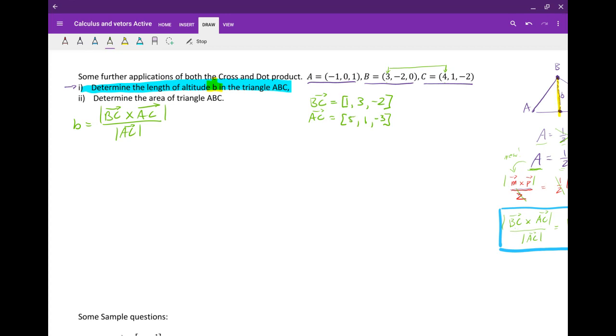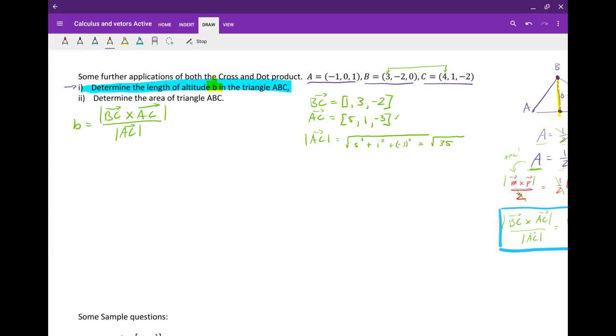And now I need the magnitude of AC. So the magnitude of AC is going to be the square root of 5 squared plus 1 squared plus negative 3 squared, which is equal to the square root of 25, 26, 35.